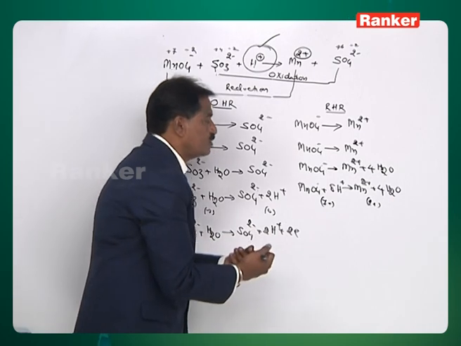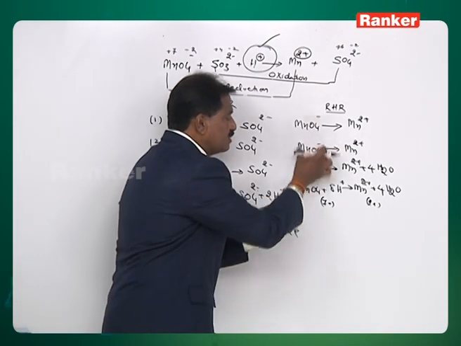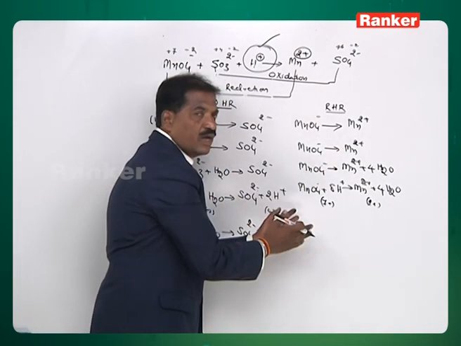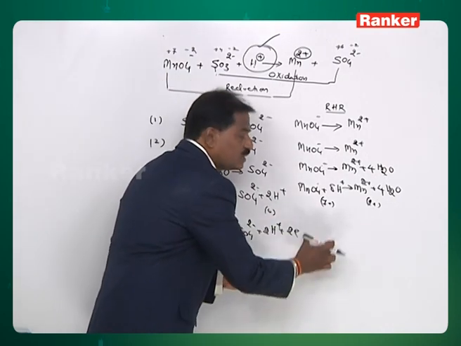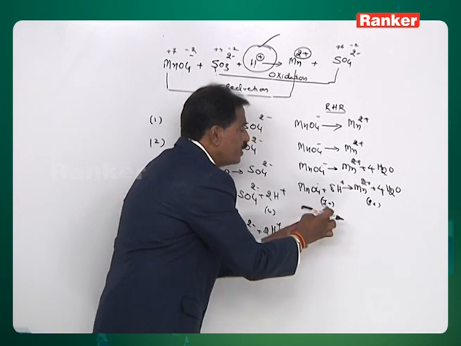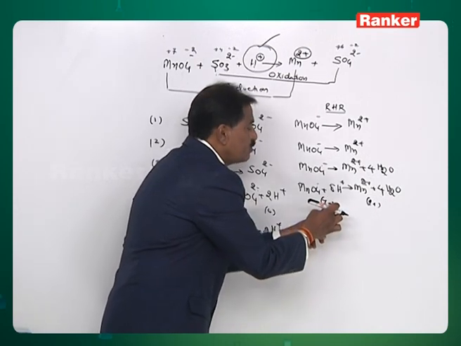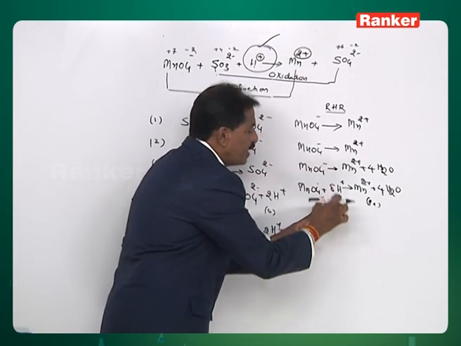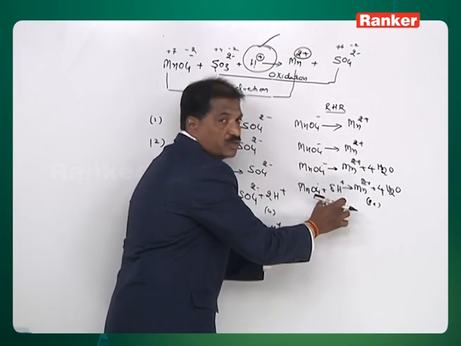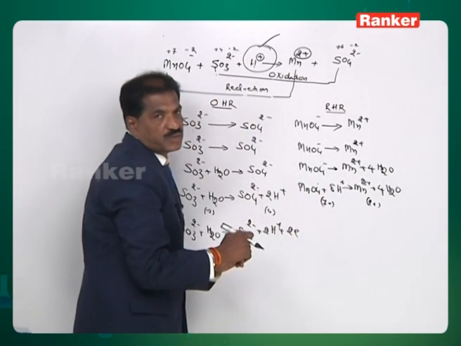For balancing of the charge, compulsorily we have to add electrons to the suitable side. Now, to which side the electrons have to be added? Here, this side, because here 7 units of positive charge, here 2 units of positive charge. Therefore, continuously add the electrons till this side positive charge becomes equal to that side positive charge.